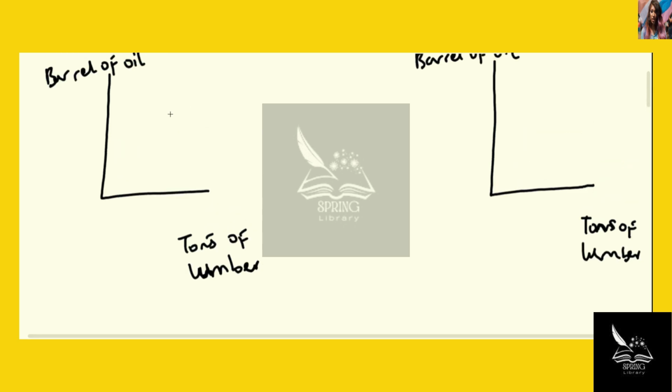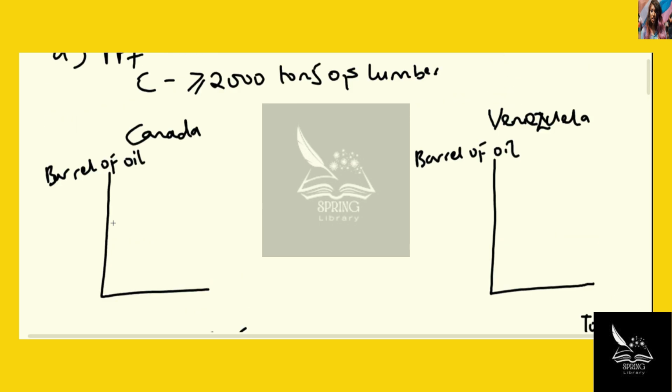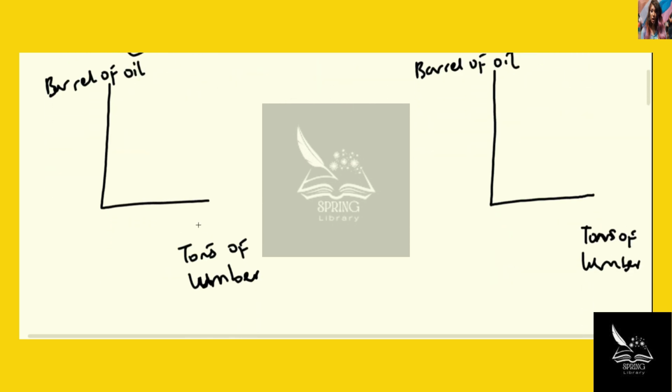So, and then the point is, remember that we have to have at least 2,000, but you want a point where they have at least 3,000. So this will be right here, and then the 2,000 will be right like this.